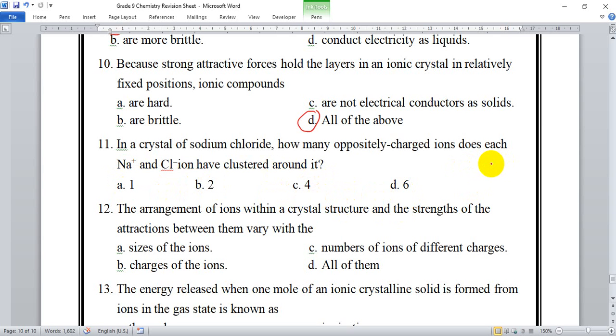If you draw the crystal structure of NaCl, you will find that each ion, positive ion, is surrounded by 6 around it. For example, this one is surrounded from up, down, left, right, forward, and backward with 6 ions of the opposite charge.